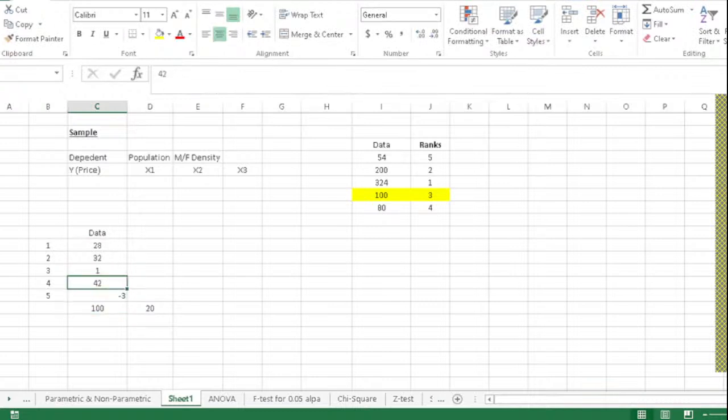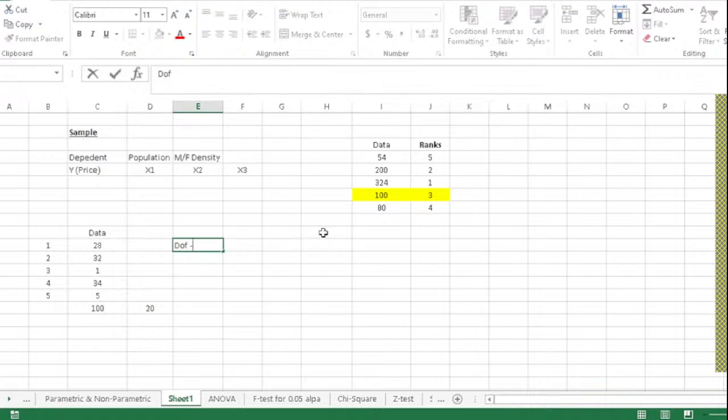So if I just want it to be positive, I'll put it as 34, right? So the fifth value came out to be 5. Is that clear?